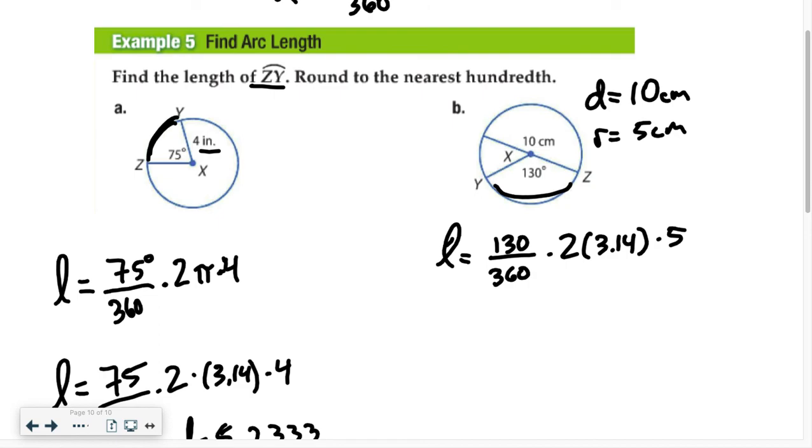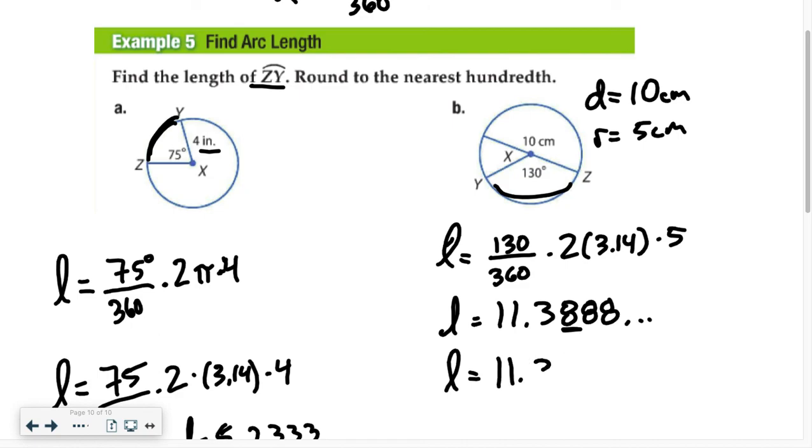So 130 divided by 360 times 2 times 3.14 times 5. 11.338 repeating. So nearest hundredth, 2 decimal places, we'll round that to 11.34. This time our unit is centimeters.